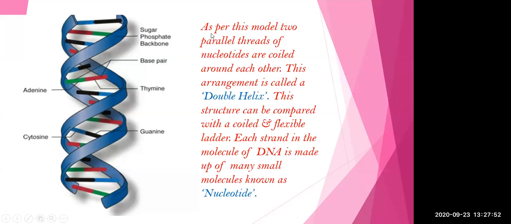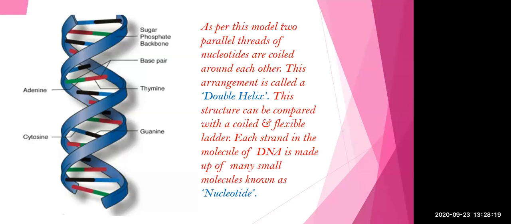As per this model, two parallel threads of nucleotides are coiled around each other. This arrangement is called a double helix. This structure can be compared with a coiled and flexible ladder, right? You can imagine a ladder which we climb to go upstairs. If you coil that ladder, the DNA structure is the same.